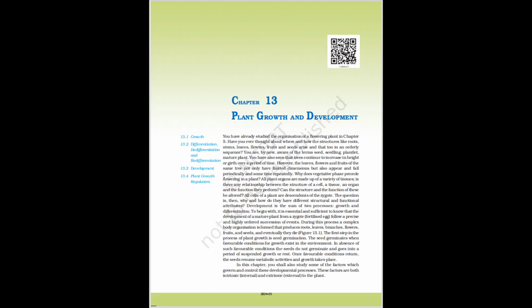13.2 Differentiation, dedifferentiation, and redifferentiation. The cells derived from root apical and shoot apical meristems and cambium differentiate and mature to perform specific functions. This act leading to maturation is termed differentiation. During differentiation, cells undergo few to major structural changes both in their cell walls and protoplasm.